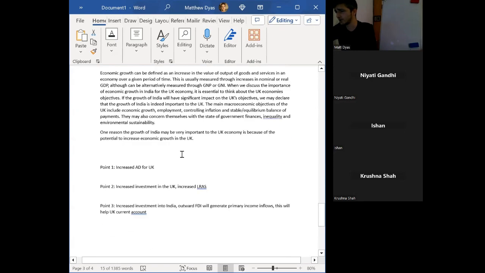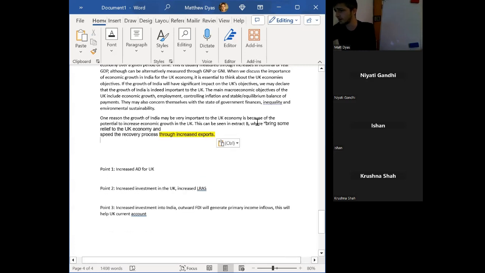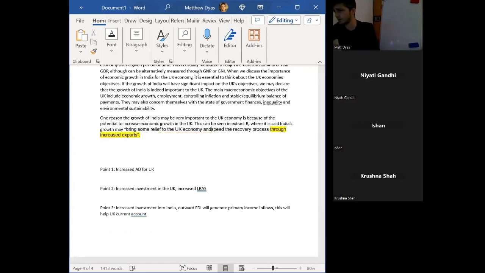I'm going to rush this rather than take my usual care and attention, but this can be seen in extract B, where it is said India's growth may bring some relief to the economy and speed the recovery process through exports.